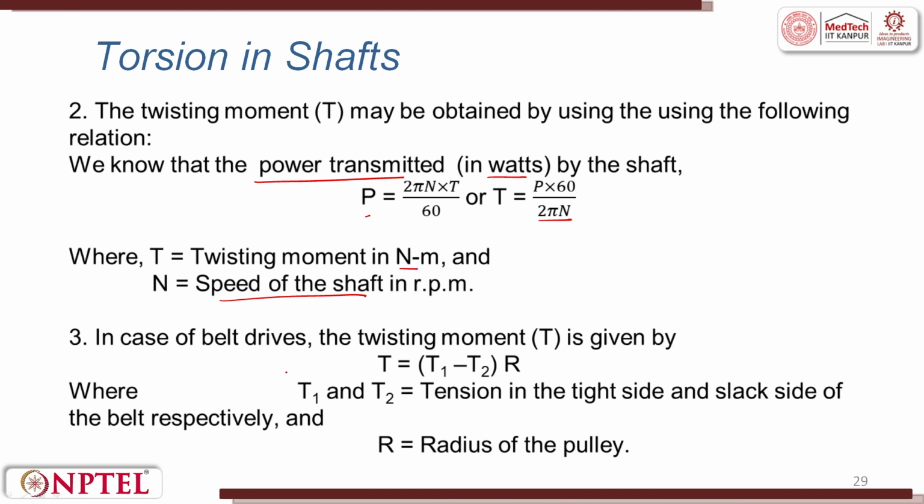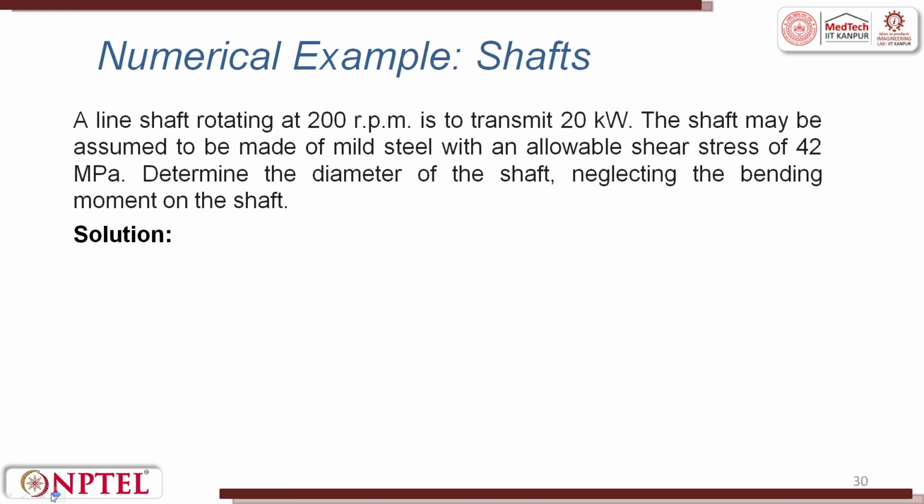In case of belt drives, the twisting moment could be written as T is equal to (T1 minus T2) into R, where T1 and T2 are tensions in the tight side and slack side of the belt respectively, and R is the radius of the pulley. Let us try to solve a few numerical problems to understand the twisting moment and the torque that we have just understood in the previous slides.